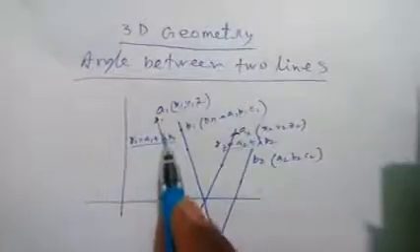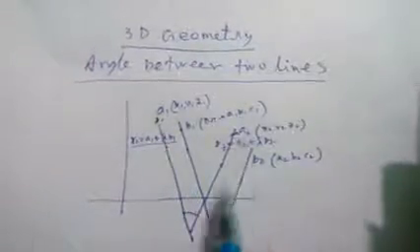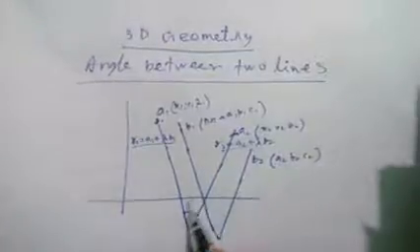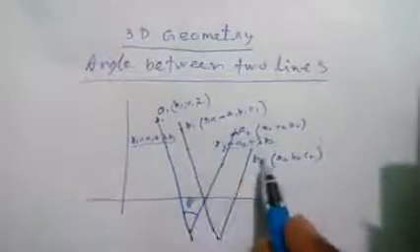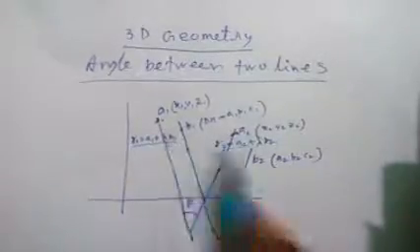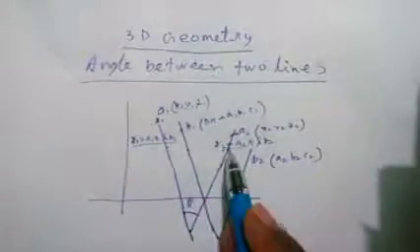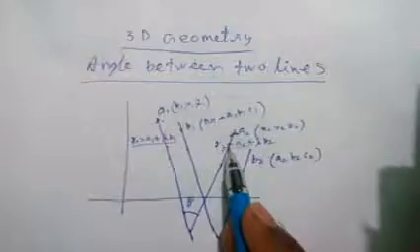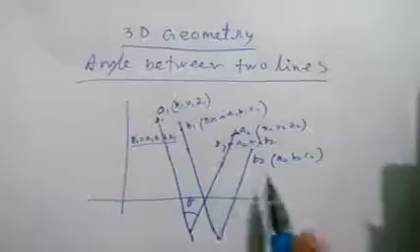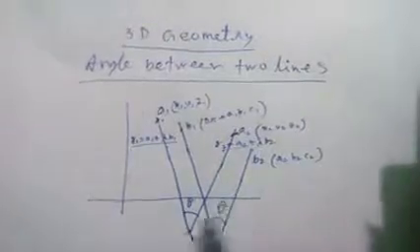The line passing through a1 and the line passing through a2 are intersecting at a point, and this angle is theta. And b1 and b2 are respectively parallel to these lines, so this angle is also theta.